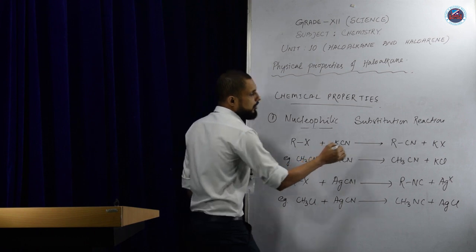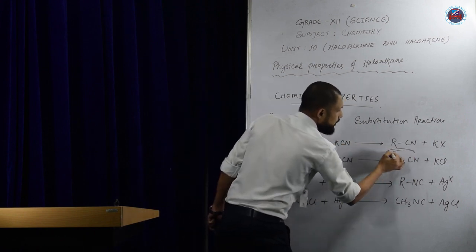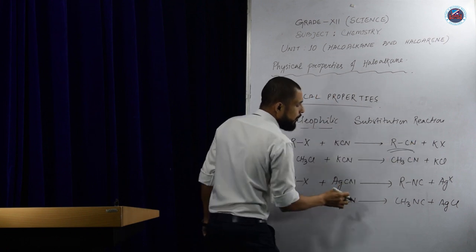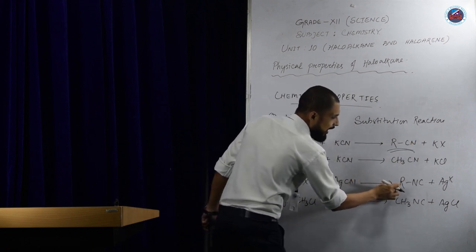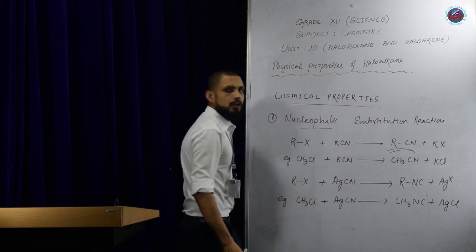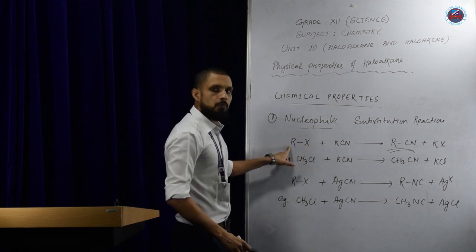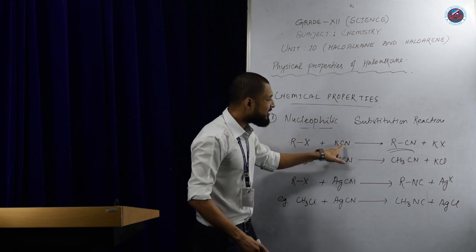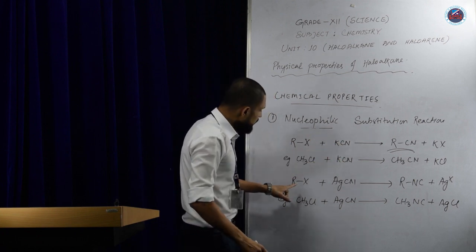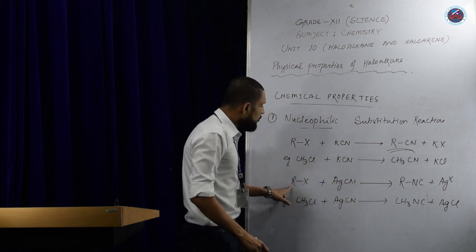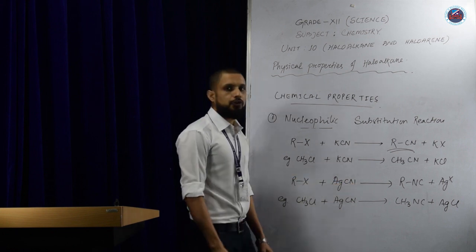Now, this compound is known as alkyl cyanide, whereas this compound is known as alkyl isocyanide. Now you can see in the first case, the alkyl group forms a bond with the carbon atom, whereas in the second case, when we take AgCN, the alkyl group will form a bond with the nitrogen atom.